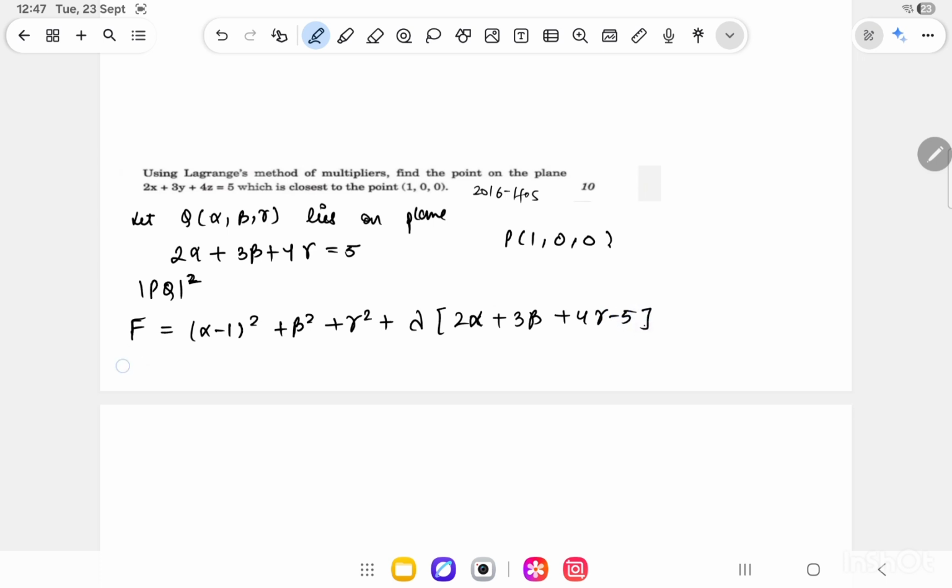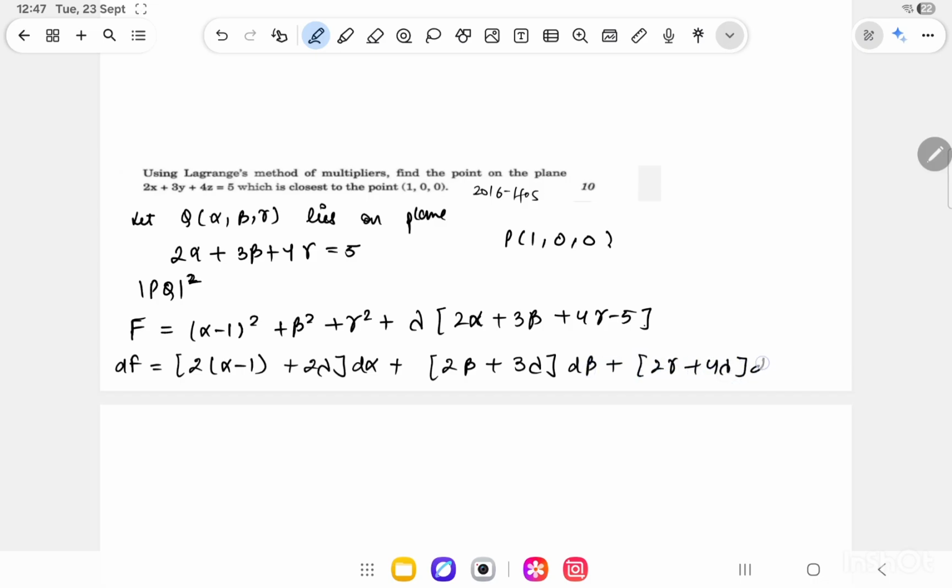Now if I take its total derivative, that will be 2 alpha minus 1 plus 2 lambda into d alpha, and 2 beta plus 3 lambda into d beta, plus 2 gamma plus 4 lambda into d gamma.